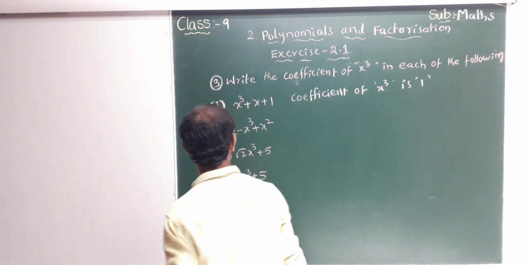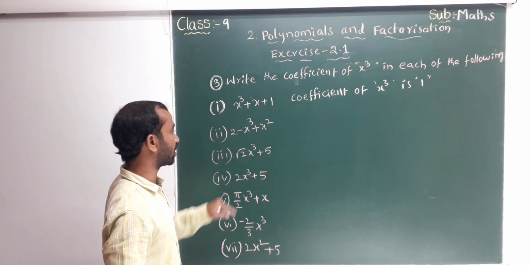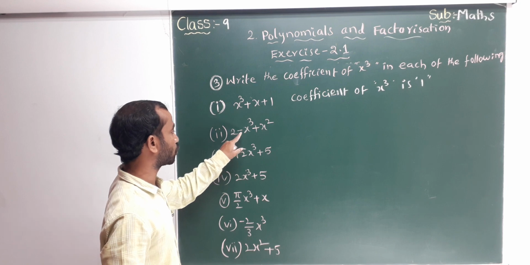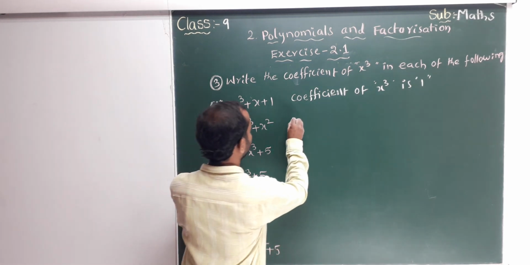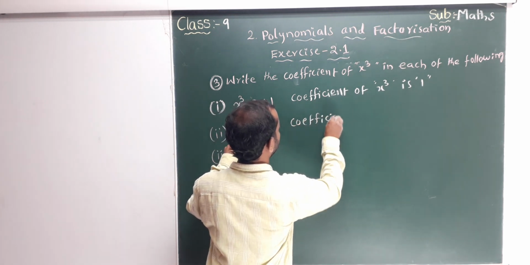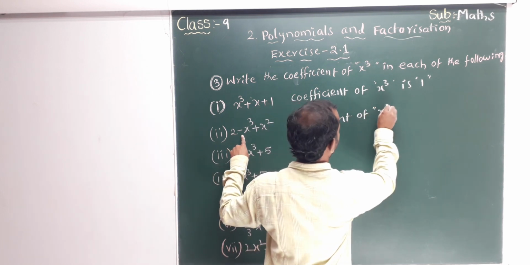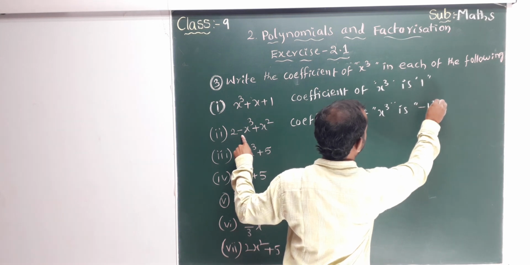Next, second problem: 2 minus x cube plus x square. So minus 1 into x cube, so the coefficient of x cube is minus 1.